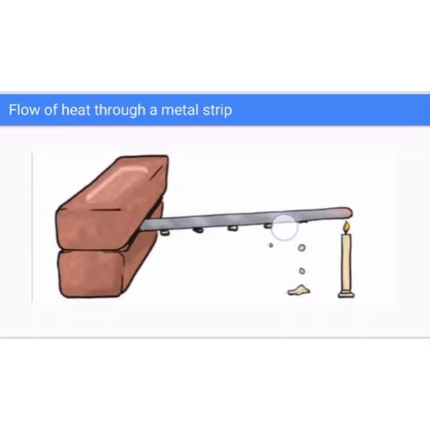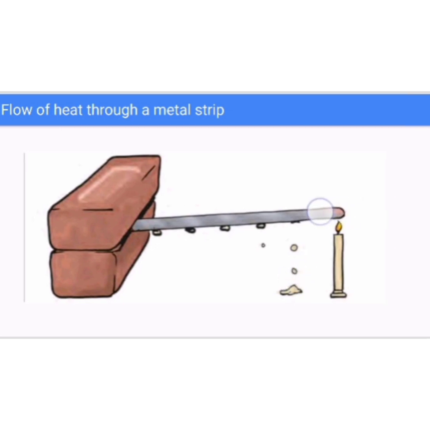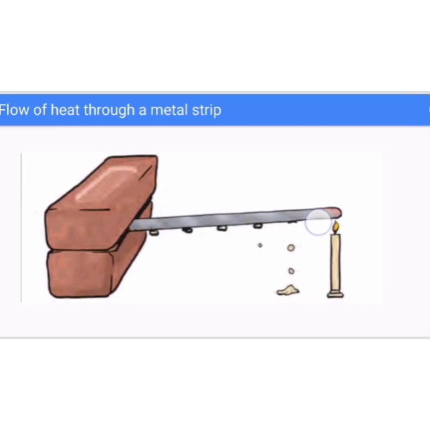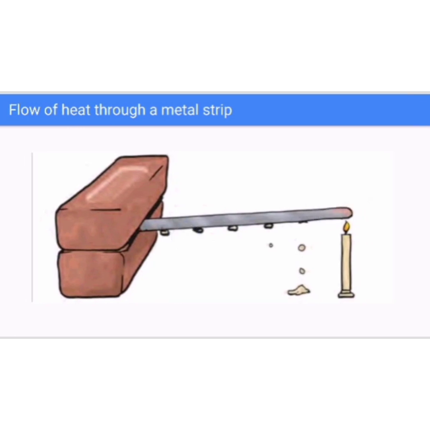Because of the heat passing, the wax pieces fall down, right? The process by which heat is transferred from the hotter end to the colder end of an object is known as conduction of heat.